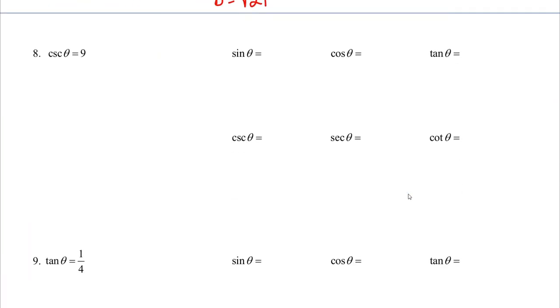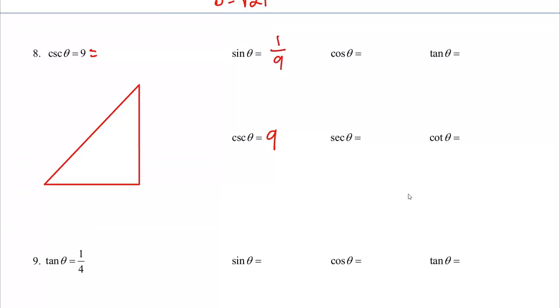So again, we'll draw a picture. Okay, but we know that cosecant is 9, right? We were told that. So cosecant corresponds with what? Sine. And sine is opposite over hypotenuse, right? So this would be 1 over 9, yeah.